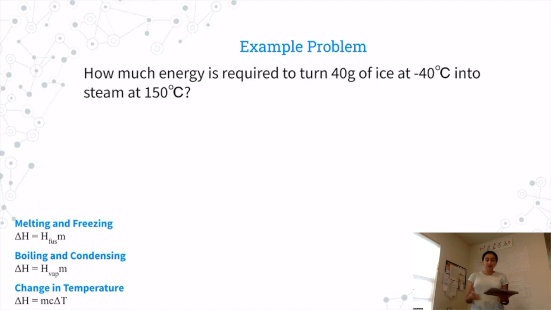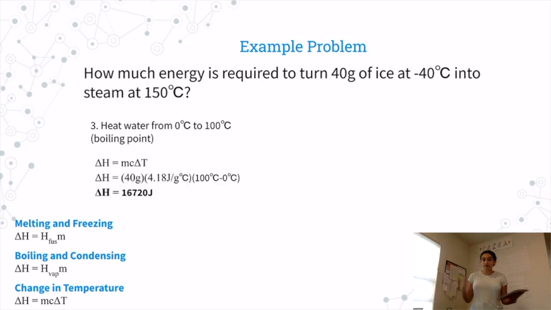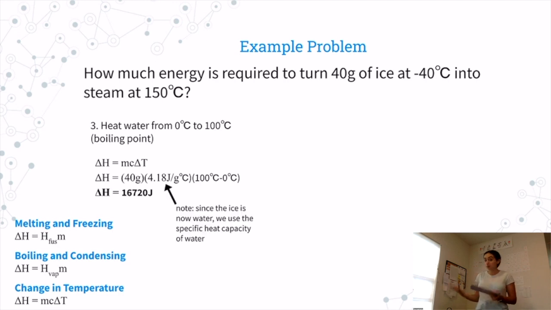Next, we are going to heat the water from 0 degrees to 100 degrees Celsius, because that is the boiling point of water. To do this, we are going to use the mass times specific heat capacity times delta T equation again. However, now that we are in water instead of in ice, we are going to be using the specific heat capacity of water, not ice.